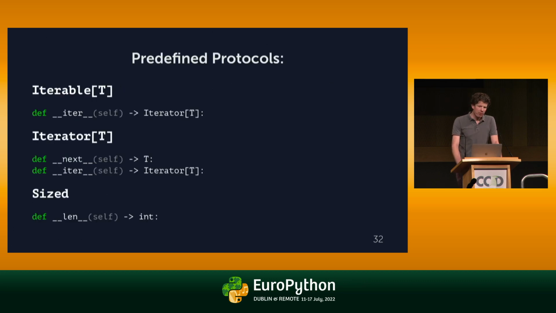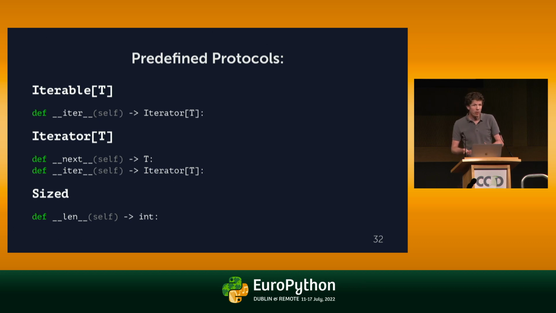So actually, before Python 3.8, there were already some kinds of protocols that we were used to, like knowing and playing around with. If you've already used some type hints with, for example, an Iterable of a certain type, or an Iterator of a certain type, or Sized, then in effect, what happened was just checking that the object, whatever it was, in the case of Iterable, should have had the dunder iter method.